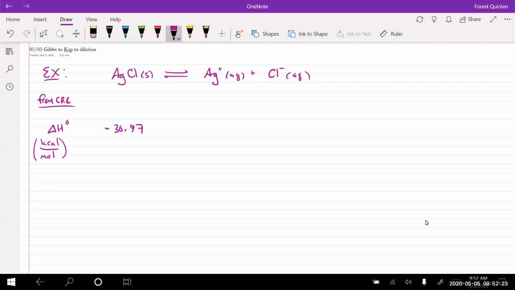The silver ion was 25.234, and the chloride is negative 39.952. The S naught, this one's going to be in calories per mole Kelvin.